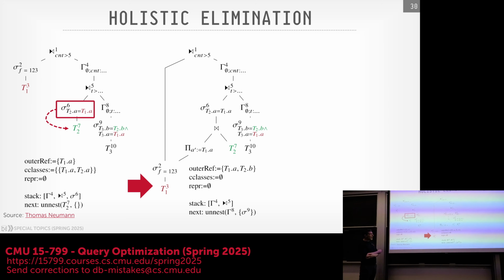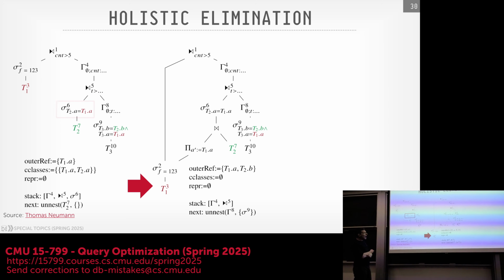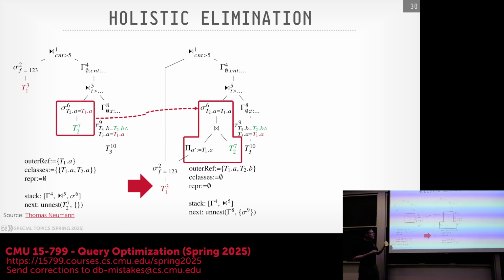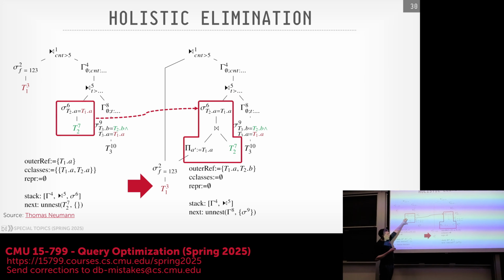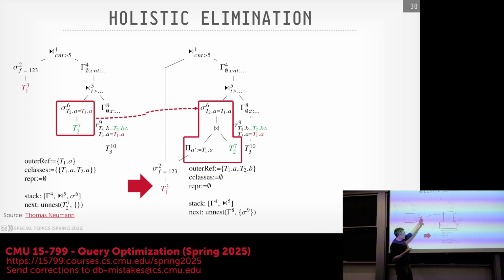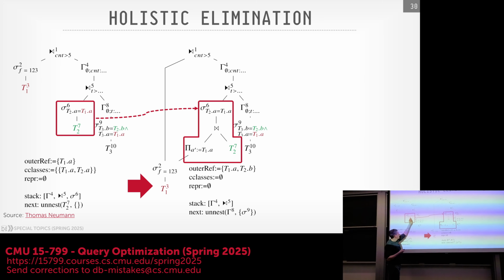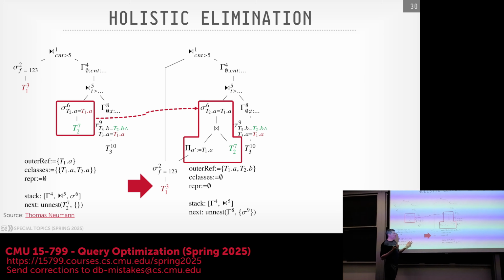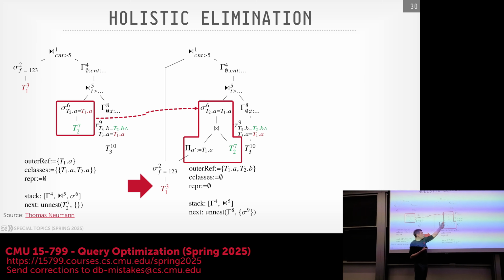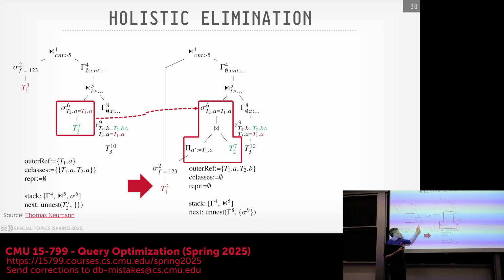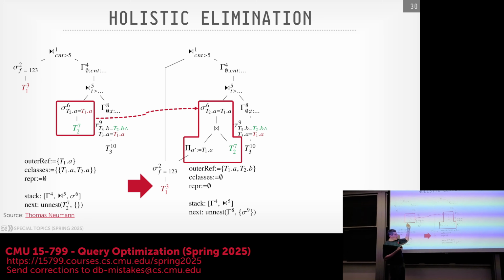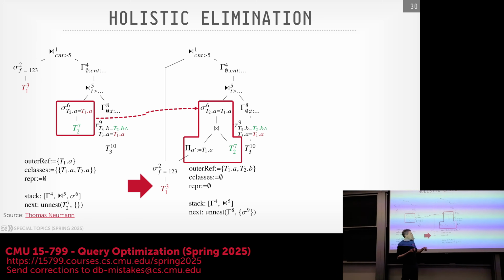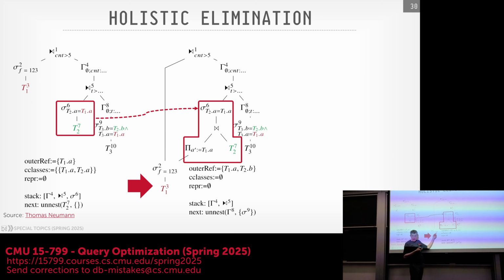So let me try to explain what's happening here. This part of the original query plan got rewritten into this part here. So we still have the filter on T2.A, T1.A. Now we have this join clause that's telling us we're scanning T2, but now we're also getting data from T1 here.